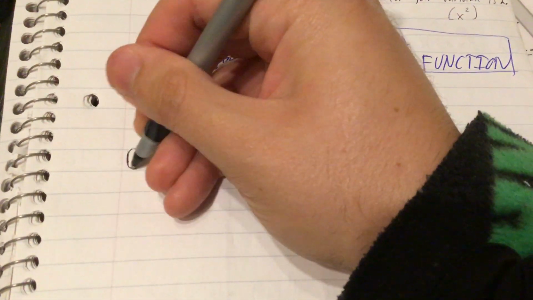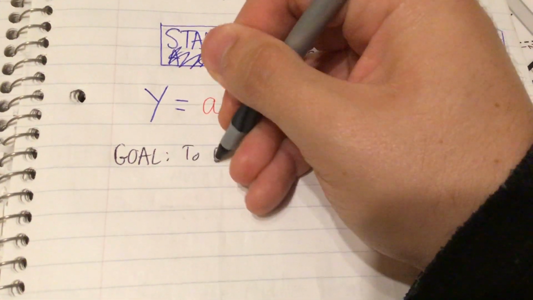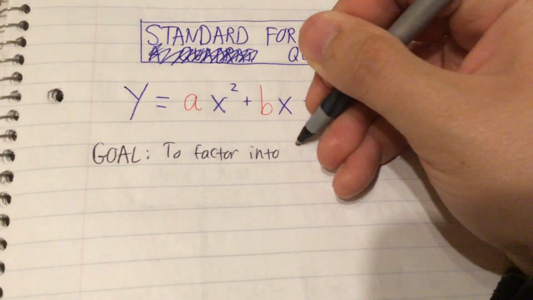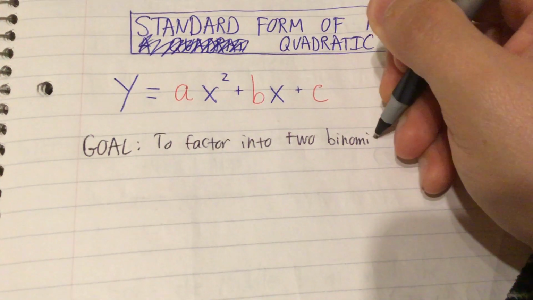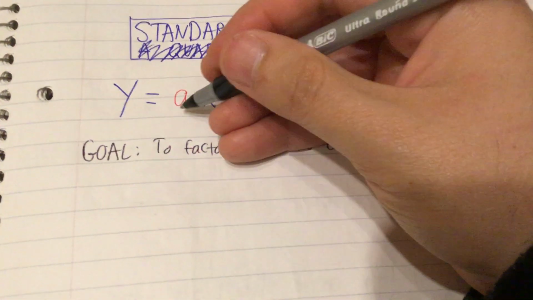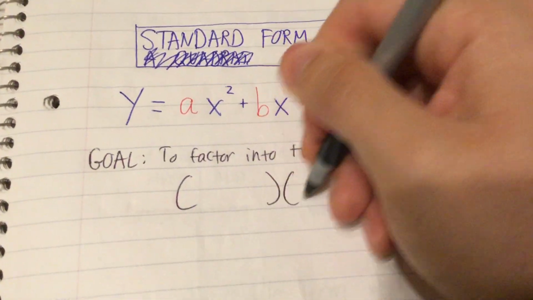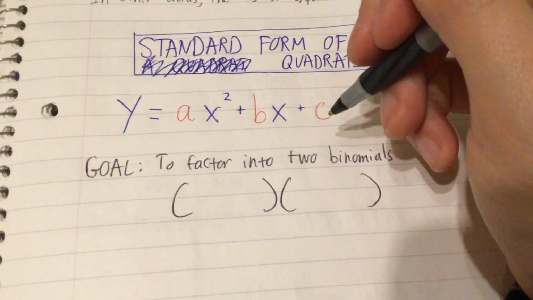But remember, our goal is to factor into two binomials. Okay, so we have this ax squared plus bx plus c, and we want it, remember before it was like x plus 3 times x plus 7 or something crazy like that.